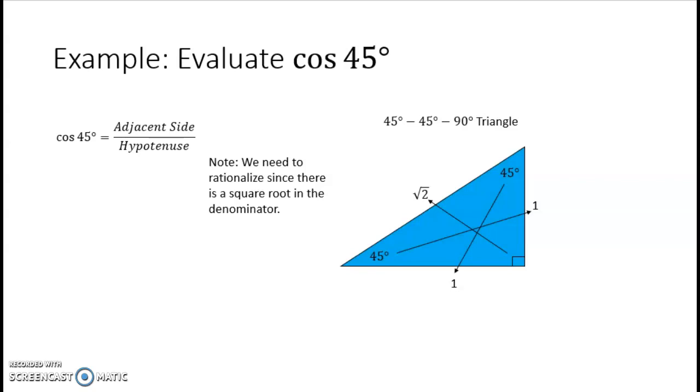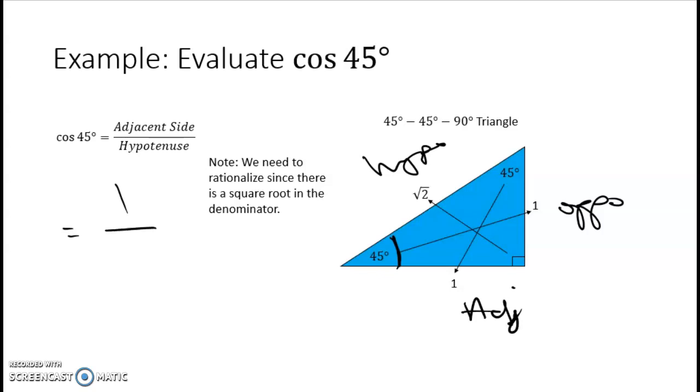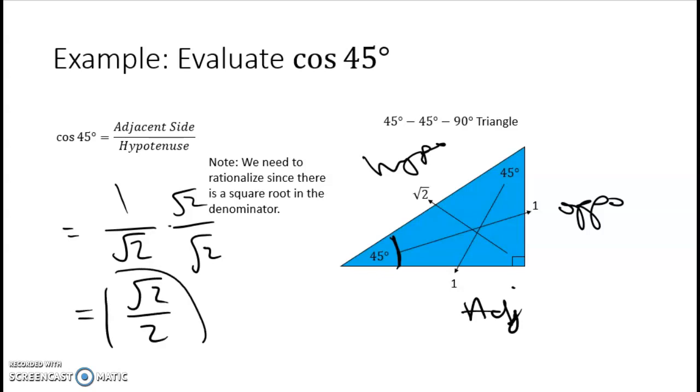Same thing for cosine. We'll pick this 45. So this is opposite, this is adjacent, and this is our hypotenuse. So this is going to be adjacent over hypotenuse, so this will be 1 over the square root of 2. Same thing, we've got to rationalize, and we'll get square root of 2 over 2 again.